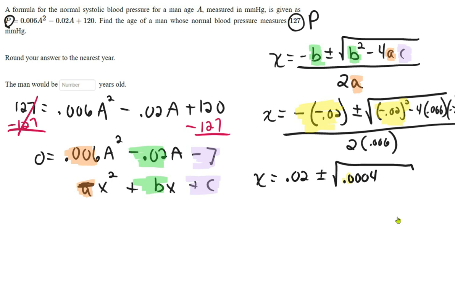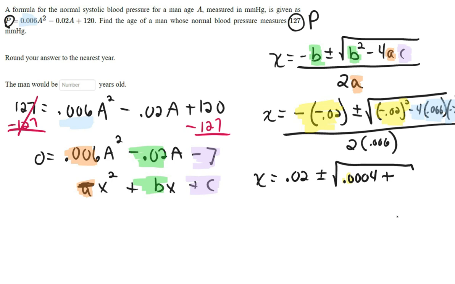And then I'm going to take this minus 4 times 0.006 times the negative 7. I know it looks like 0.066, but it really is 0.006, which I can see right here. Sorry, my handwriting. Okay, so it's 2 negatives, which make it a positive.